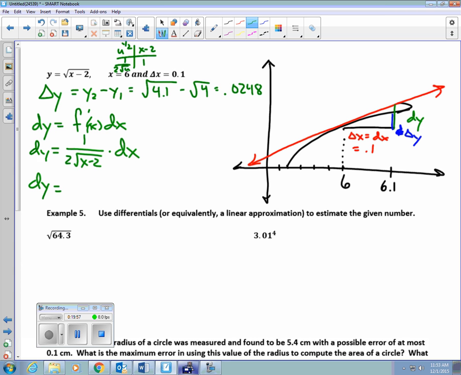What do I plug in for x? 6. 6 minus 2 is 4. Square root of 4 is 2 times 2 is 4. So we get a fourth. What is dx?